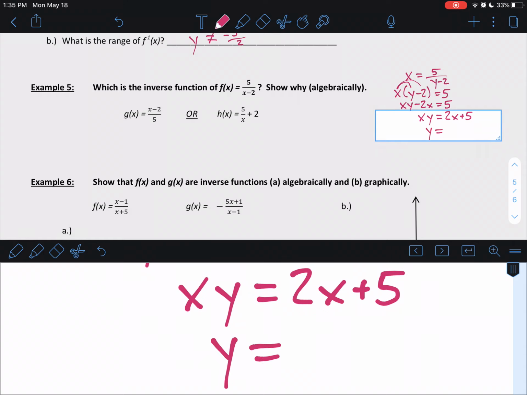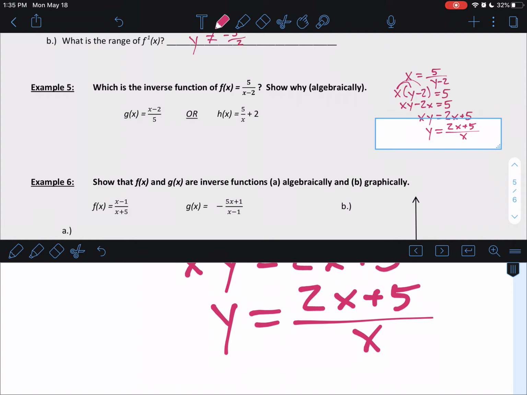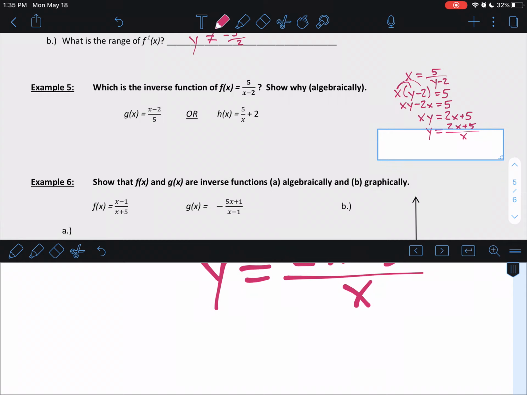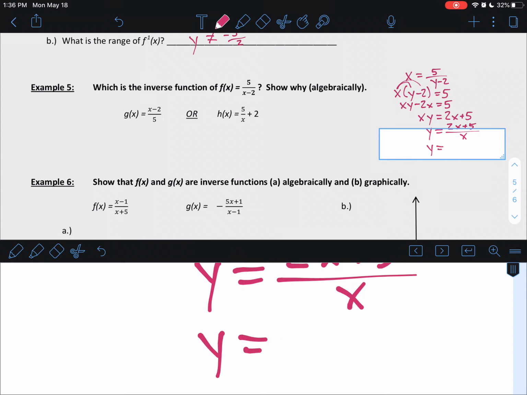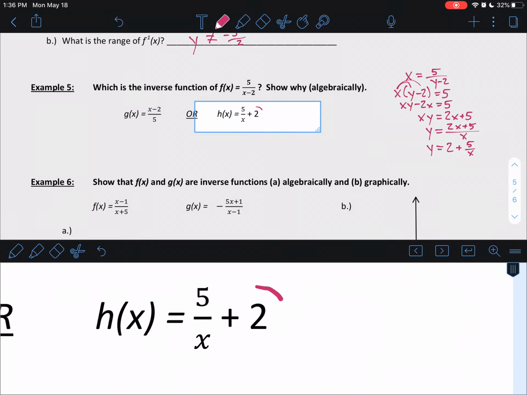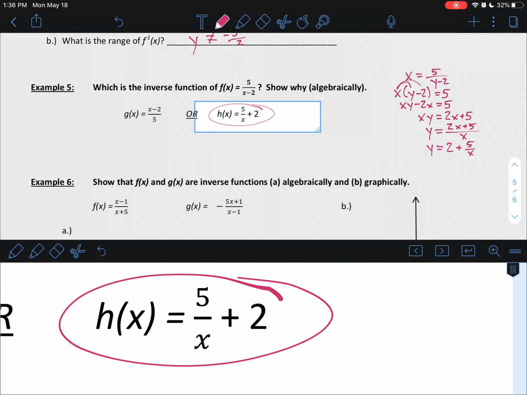So y equals 2x plus 5 over x, or, well, since it's a numerator, you are able to split it up, and that gives you 2x over x is 2, 5 over x is 5 over x, so that equals 2 plus 5 over x, or 5 over x plus 2. That one's the inverse.